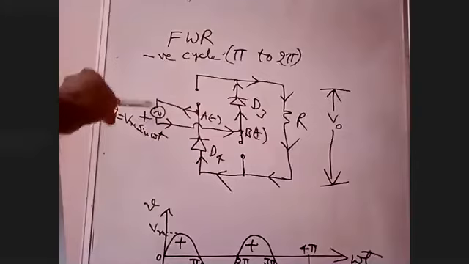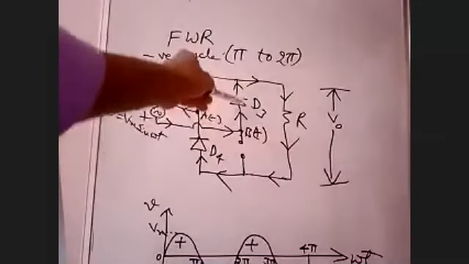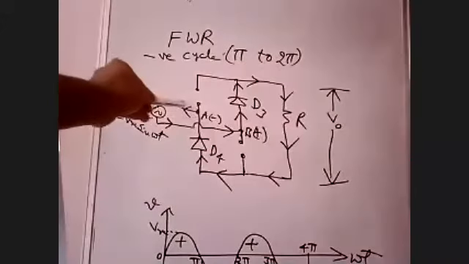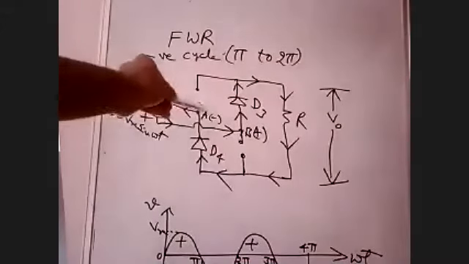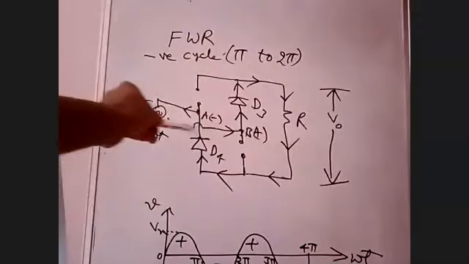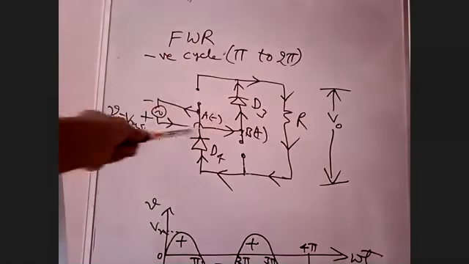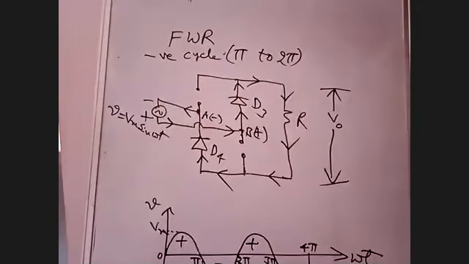Current is flowing from negative to positive, then through diode D3, then through the resistance, then through D4, again to the negative terminal, again the positive terminal, again D3, like this. This is the current direction from negative to positive. See the direction. If you have any doubt, you can ask me.